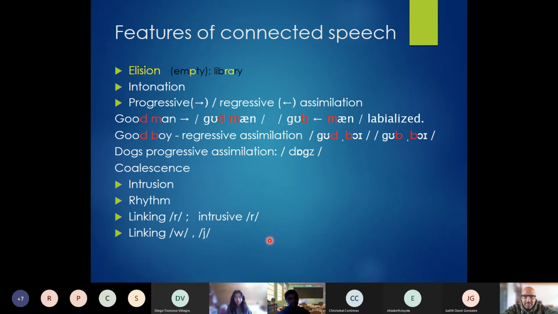Great example. Thank you so much, Judith. So I'm probably going to use this transcription, dogs. And the instruction is going to say, refer to the following words and explain which feature of connected speech is present and why, and explain it.